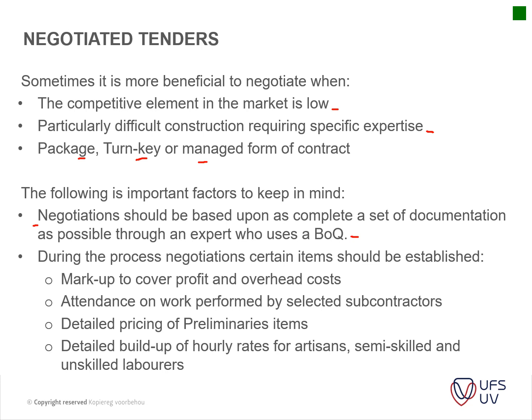During the negotiation process, certain items should be established. If there's a markup on the project, you might even specify that if you've got this amount of cost, you can put on a 30 to 50% markup on top of that, so you basically cap it at a certain percentage of the actual cost.